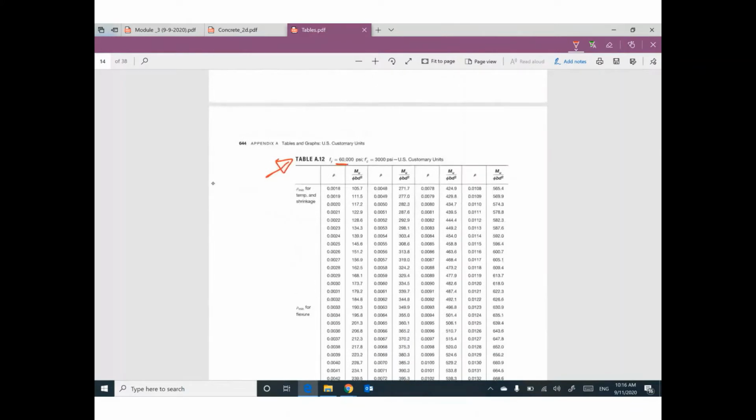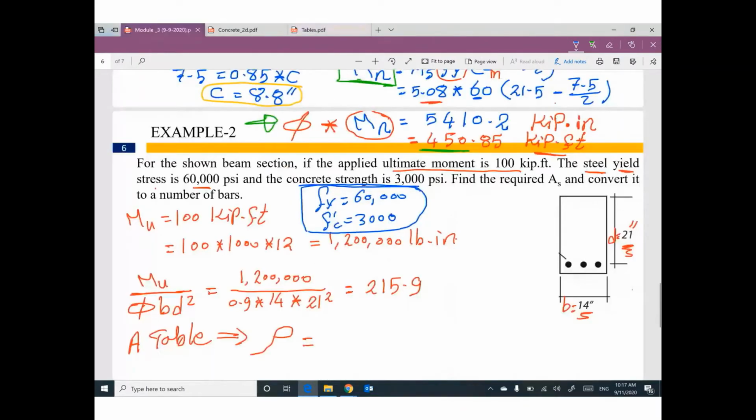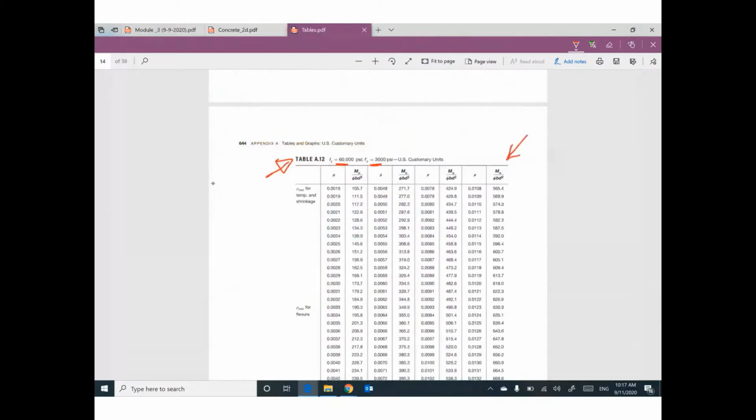What is the value of F prime C? It's 3,000. Is it yours? Yes, 3,000. So we are in this table. So which table I will use is based on the value of yield stress, what type of steel you are using, and what is the strength of concrete you are using. Very important, two parameters.